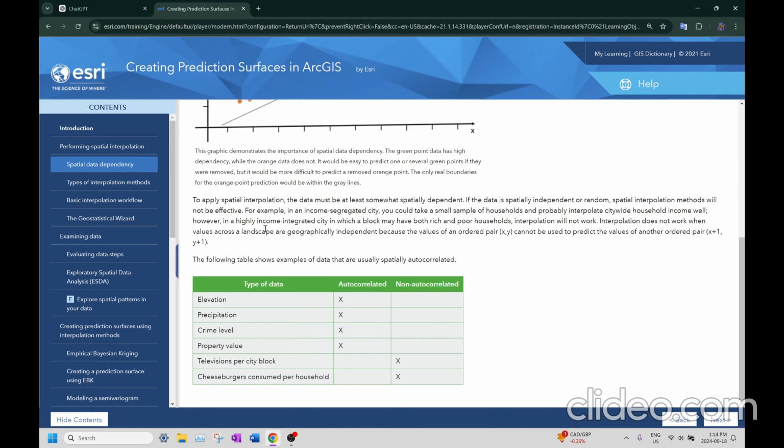For example, in a high-income city, in which a block we have both rich and poor households, interpolation will not work. That's why we probably have to put the barrier into consideration. Spatially dependent also means autocorrelated. For example, elevation, precipitation, crime level, property value, but not televisions per city block or cheeseburgers consumed per household.